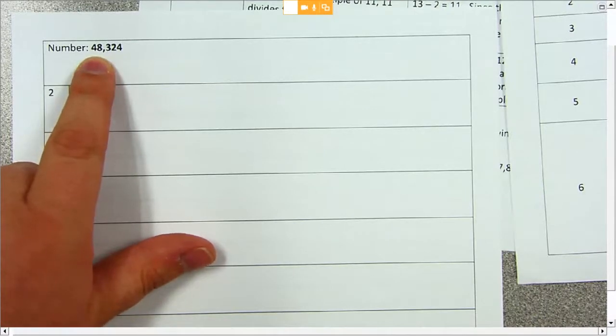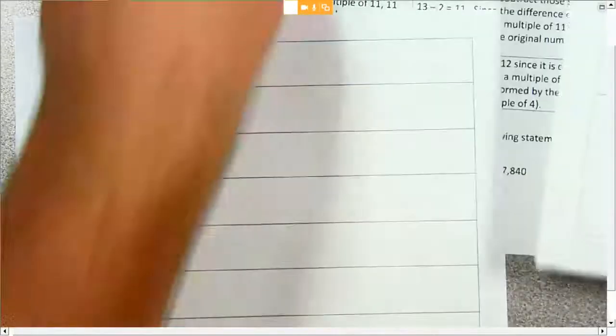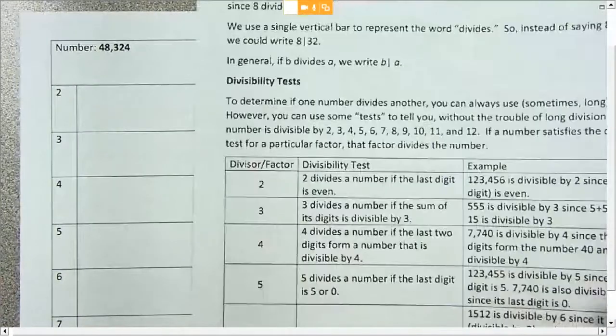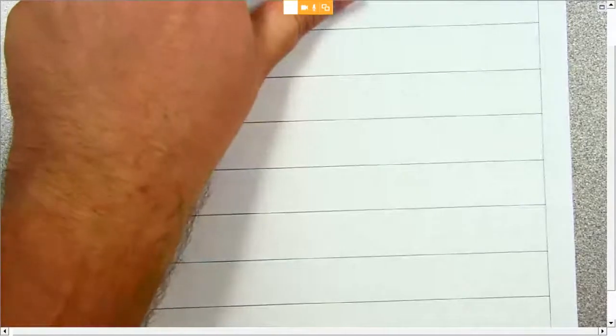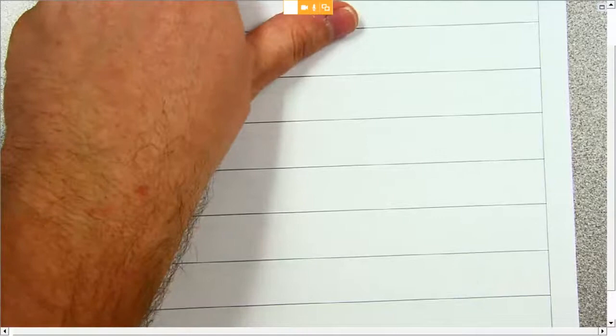I've given you the divisibility tests so you can look at them later. Don't have the divisibility tests in front of you. I will have them up here for you to look at, and you just have this. So we're going to look at each of the natural numbers 2 through 12, and determine without dividing if each of these numbers will go into this number, based on a test, based on a rule that we have.